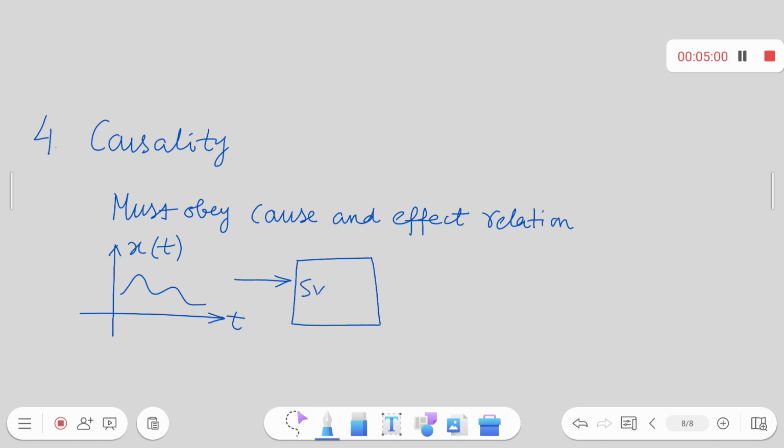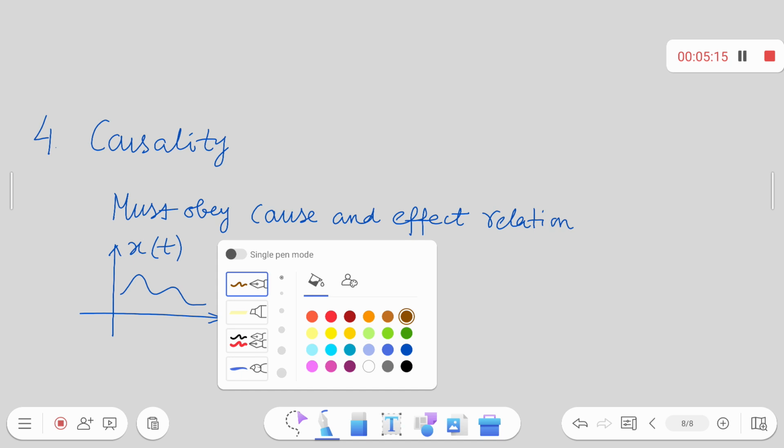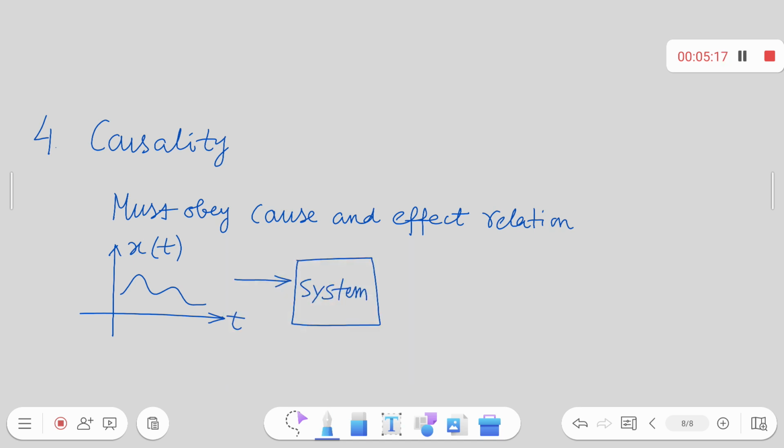I don't know what type of system it is, but this is fed to a system. Now the system can produce actually three different types of outputs, but let's consider two different types of outputs. Number one is this one. This output can be something like that. This is t.